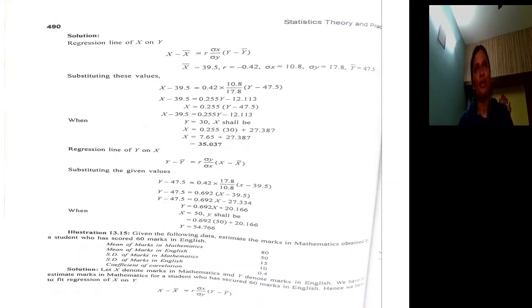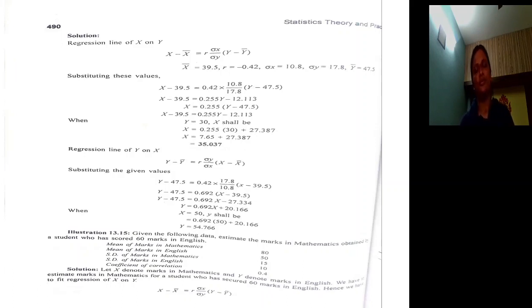Here we made use of all the information given in the problem. We know that bxy, the regression coefficient x on y, is equal to r into standard deviation x divided by standard deviation y. At the same time, the regression coefficient y on x is equal to r into standard deviation y divided by standard deviation x.